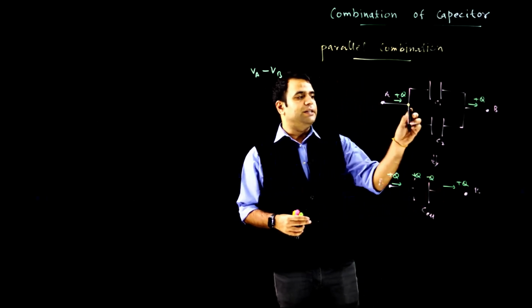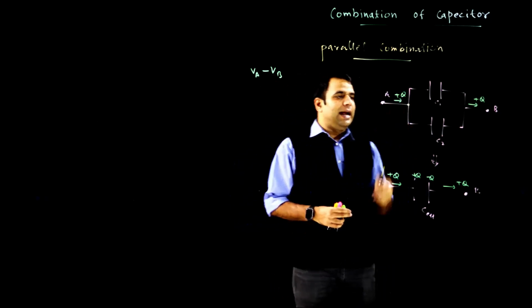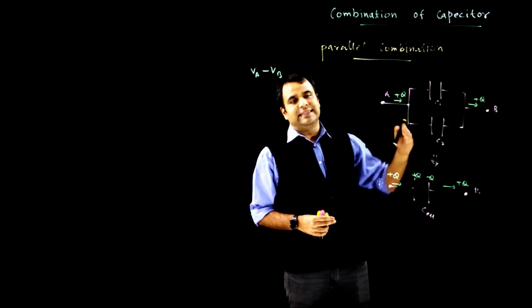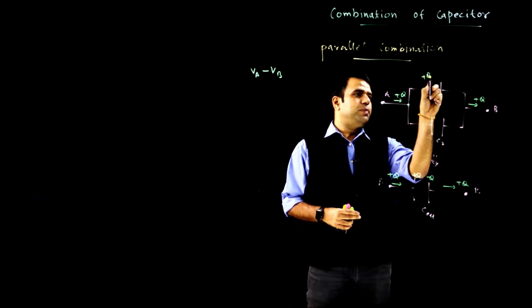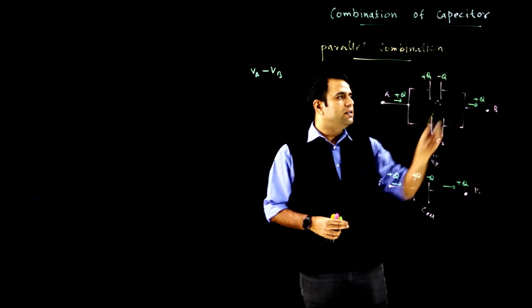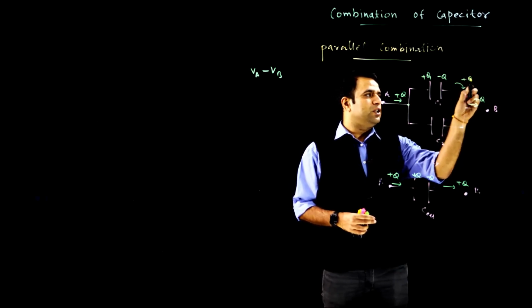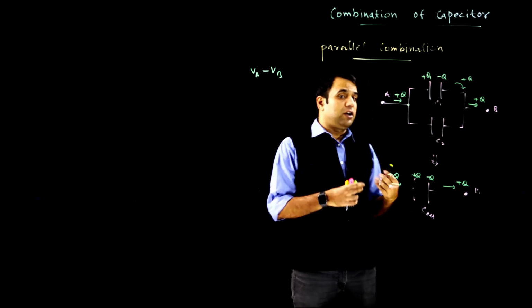But in this case, the plus Q charge which is moving encounters a joint, and at the joint this charge will get redistributed. So out of this plus Q, let's say plus Q1 is moving on to the other side. So minus Q1 will be here. From this side, plus Q1 will come, and the remaining charge will go on to the other side, because the charge cannot be destroyed.